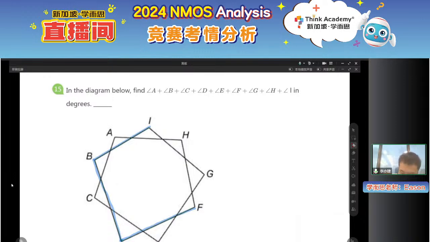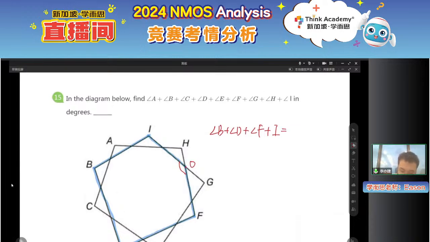So now BDFI, we make these 2 together, these 4 together, right? So they are inside this quadrilateral, which means, maybe this is O, right? The sum of these two is the quadrilateral, which is 360 minus angle O, right?